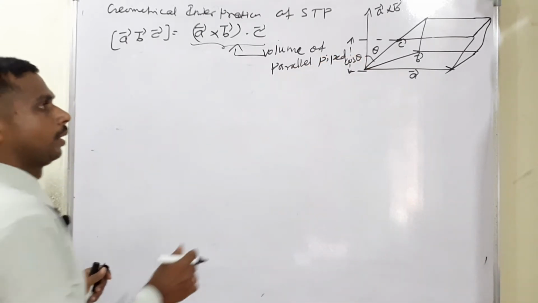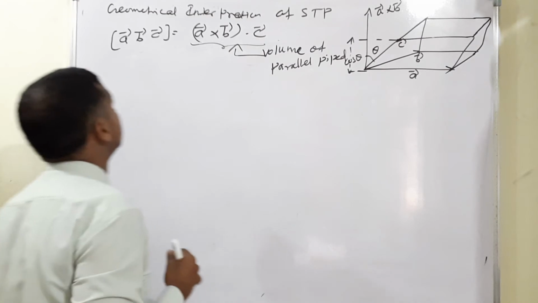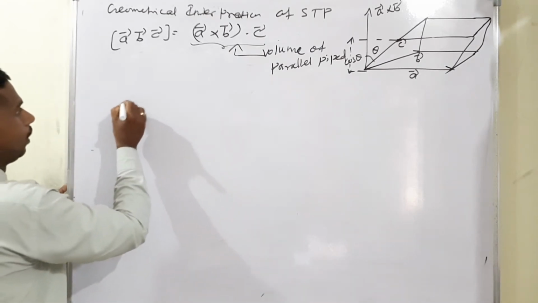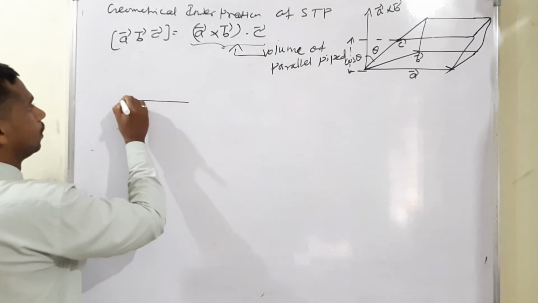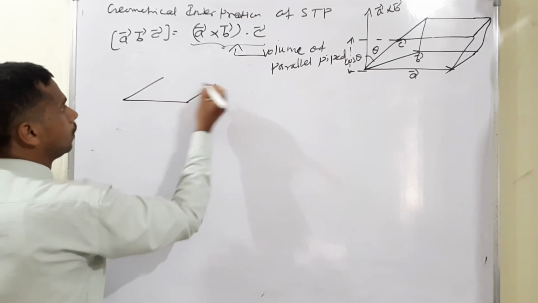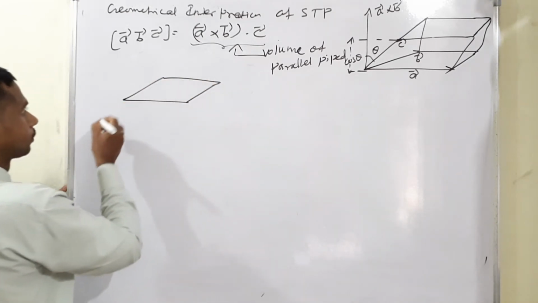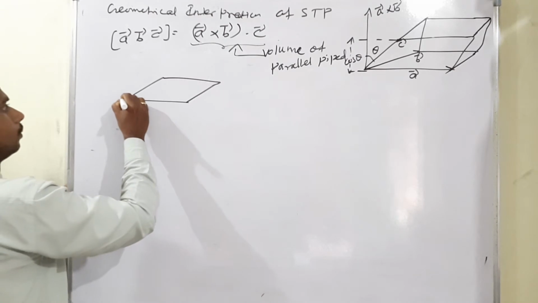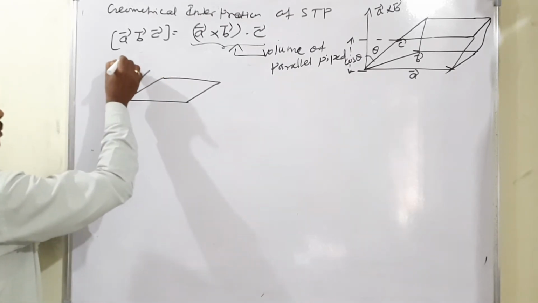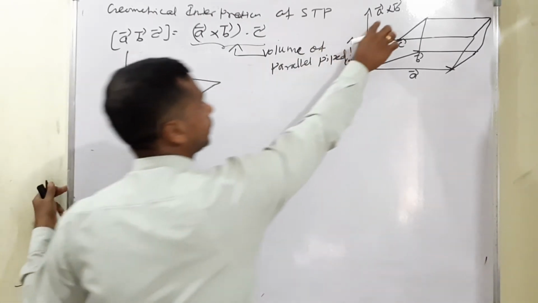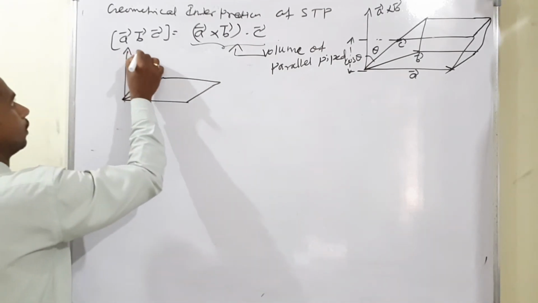Look at there. I will consider any one part. If you take the perpendicular term, what is the name? A vector cross B vector.